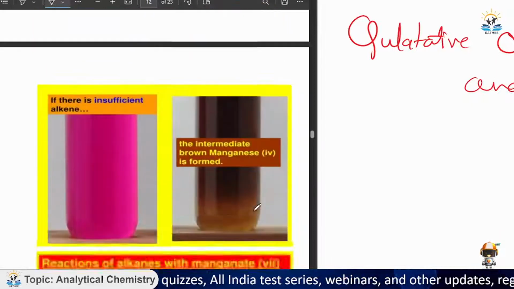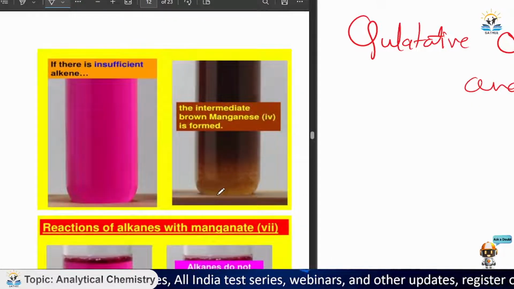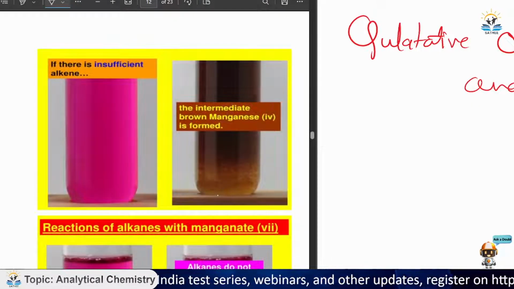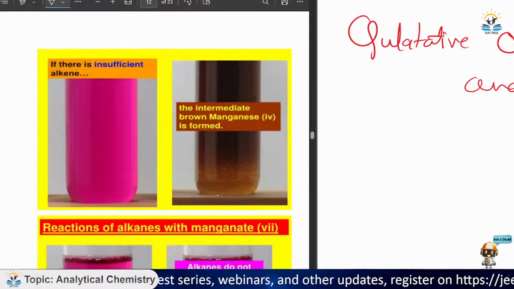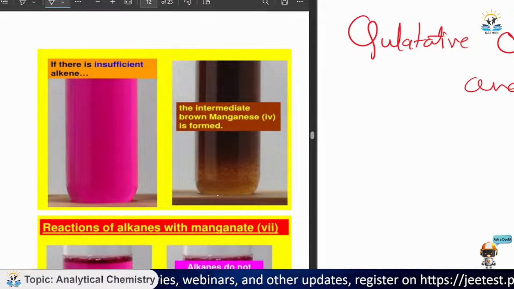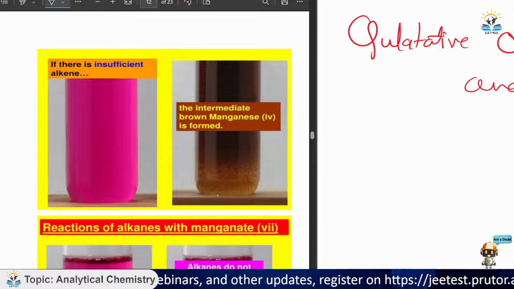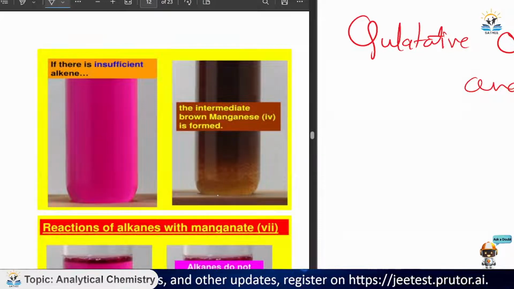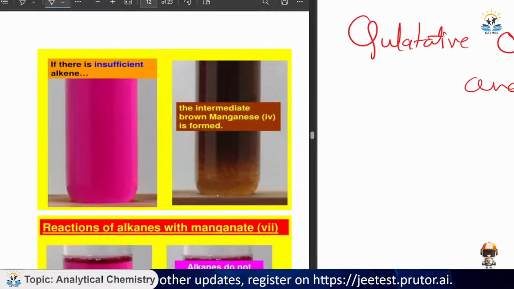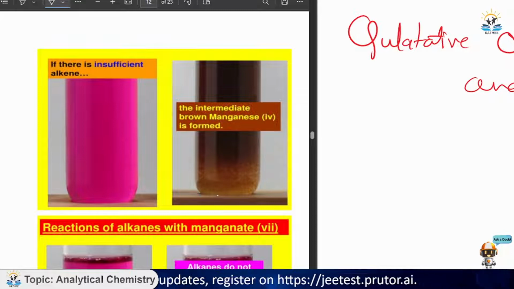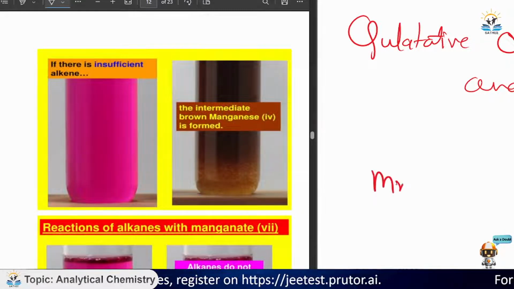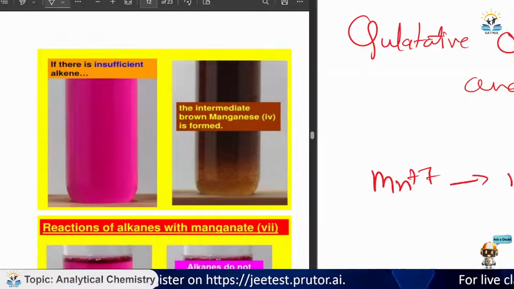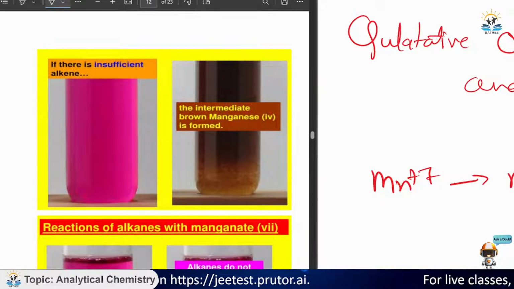Now, we are giving sufficient alkene in the previous case, but if we give alkene to a lesser extent, then the intermediate brown manganese will be formed. That is what we have seen: Mn+7, Mn+5, and Mn+2 as the oxidation states.